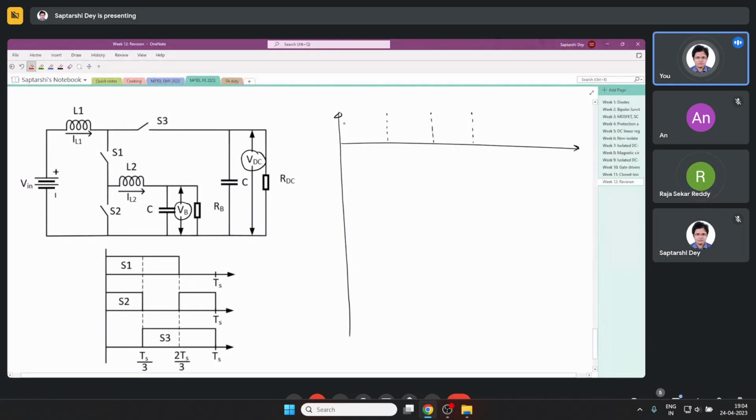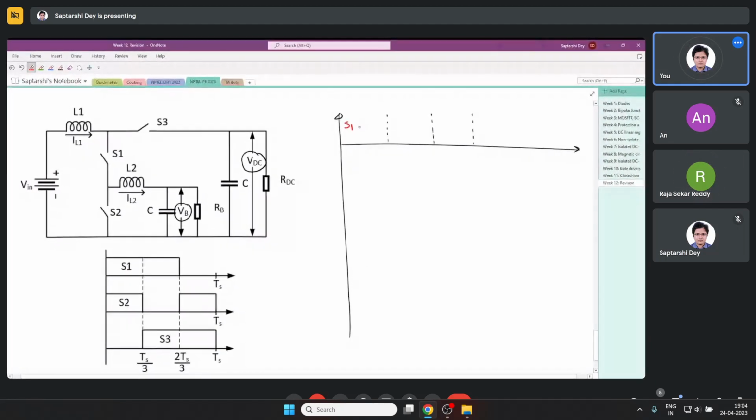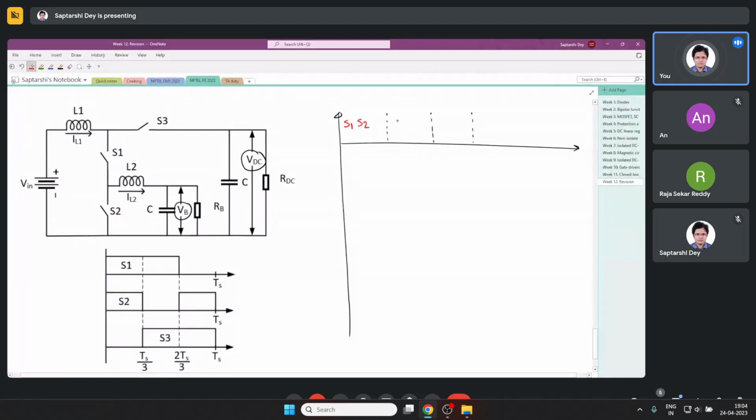For the first 1/3, S1 and S2 are closed. For the second 1/3, S1 and S3 are closed. For the third 1/3, S2 and S3 are closed. Now our first step would be to look at the inductor voltage.